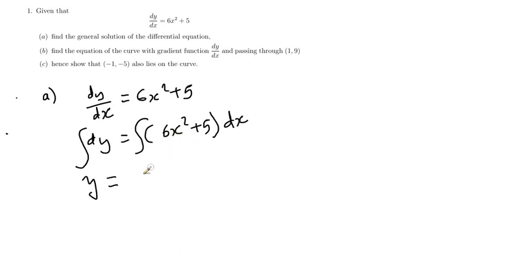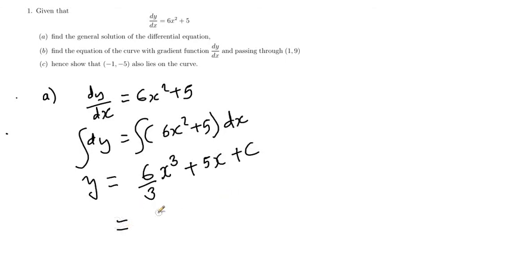So this means that here we'll have 6 over 3, because when we add 1 to this power it will give us 3, and then we have x power 3 plus 5x plus c.